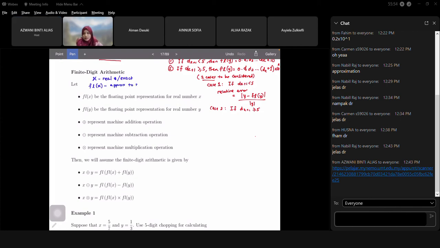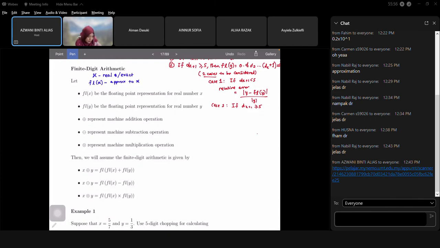Approximate to X. Clear? So there is a floating number of X and a floating number of Y, where Y is the real number.